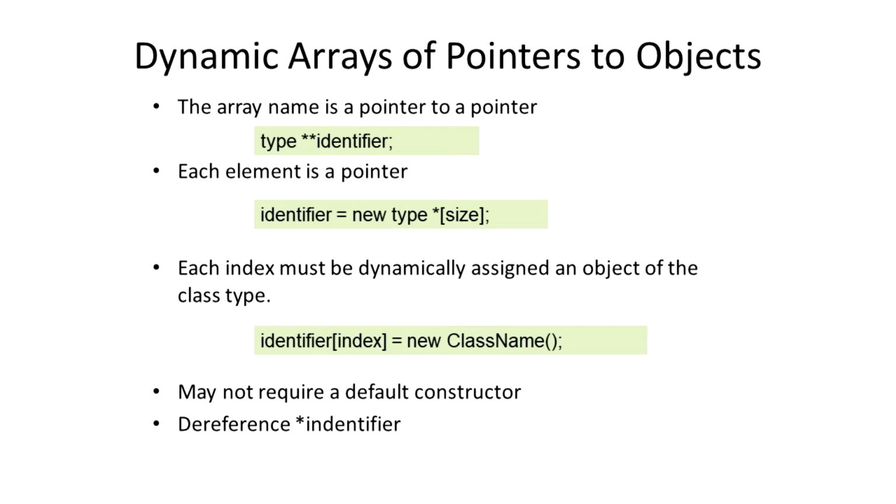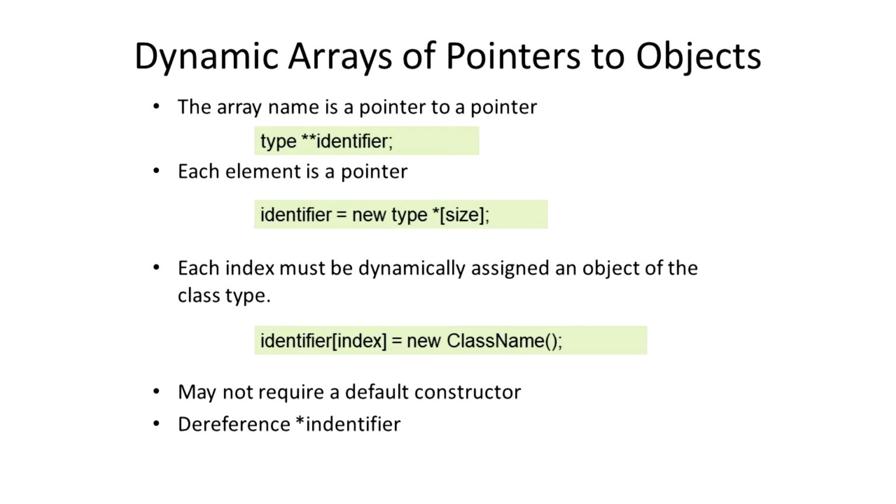So therefore, we have to put those two pointers together to create a pointer to a pointer. We actually have to create a pointer to point towards the array on the heap, which holds pointers to point towards objects. So that's two pointers, put them together, that creates two asterisks, a pointer to a pointer.